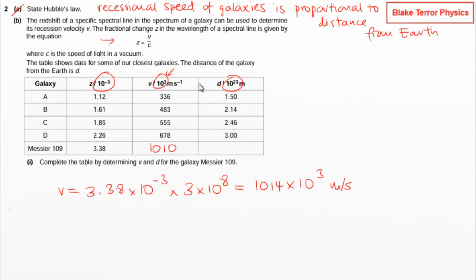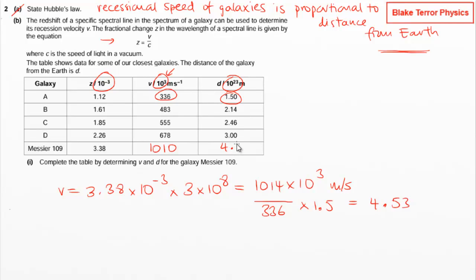And then we've got what d is. So, well, all of these have got to be in proportion. This is what we've said in Hubble's law. So let's just take the first one in the list then. I mean, we could take any of them. I'm just going to go with the first one off the list. So if we take this number, divide it by 336, and then multiply it by 1.5, as in taking that number and that number, then we're going to get our new value of d, because they all have to be in proportion, which gives, in this case, 4.53.